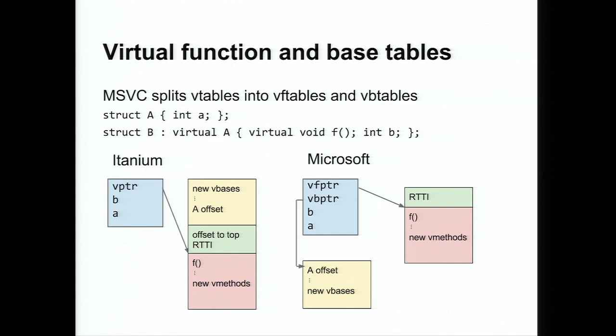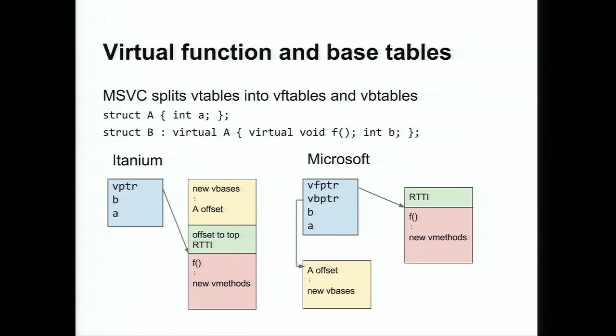They go into a table in the way that you would expect. As you inherit and you add more virtual methods, you append to the table. It's great. It works. And as you inherit virtually from new virtual bases, we just have a table that grows backwards, and new virtual bases get added to the top of this table as we add more bases.